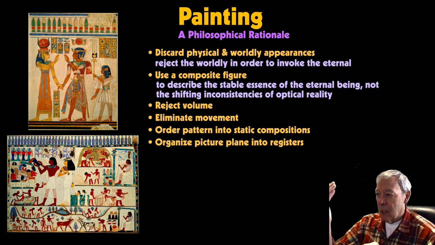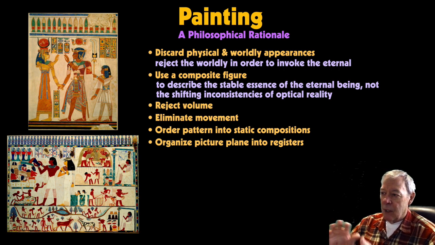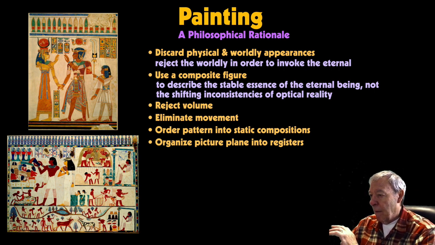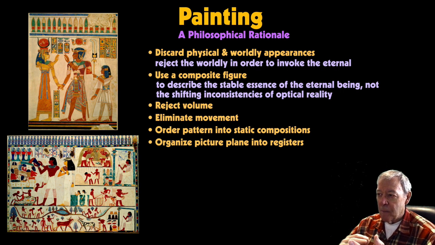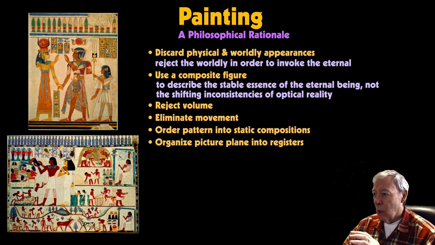They wanted something stable, not changeable. And of course, in the real world, every time we move our heads, every time we shift our eyes, every time we look at something from a different point of view, the shape changes. The reality, in a sense, changes. They don't want that shifting inconsistency of the real world.